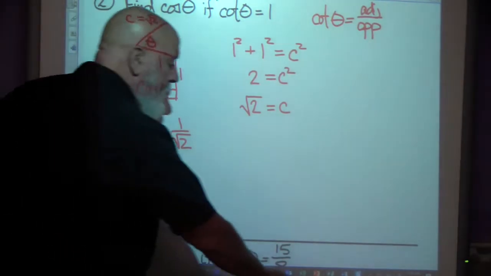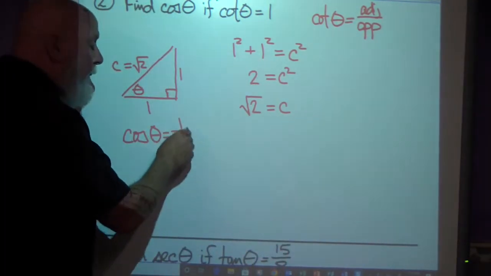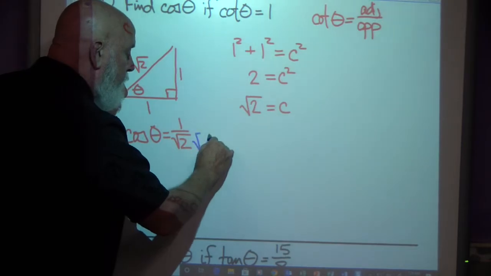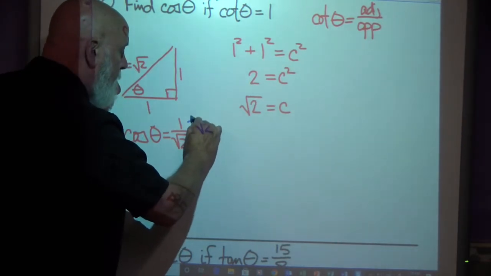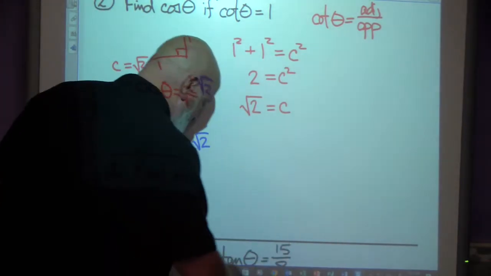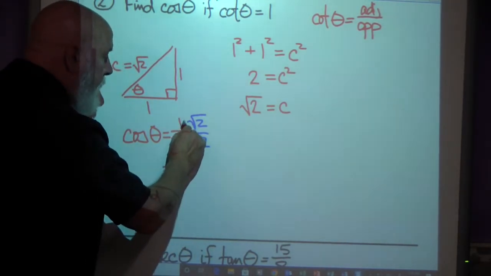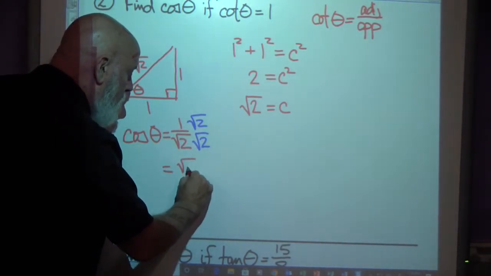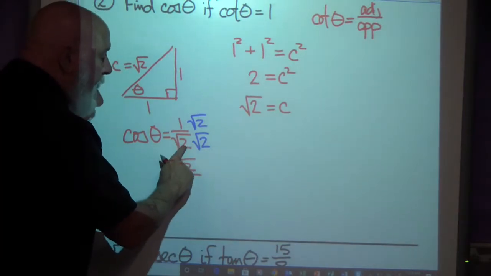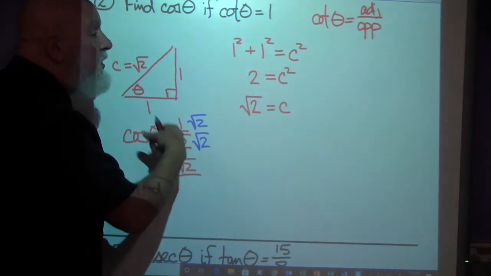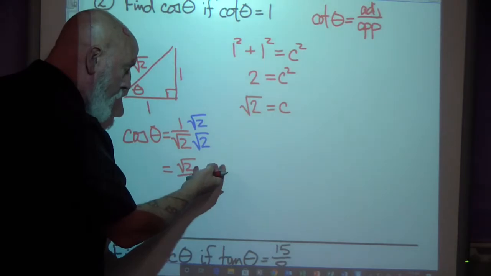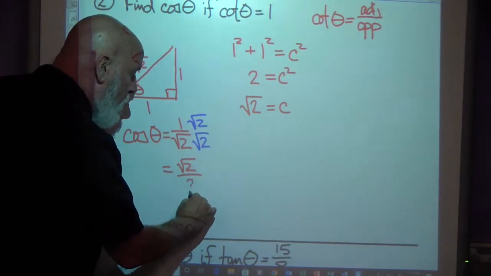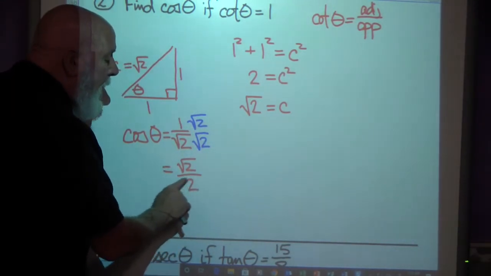I'm going to rationalize my denominator by multiplying the top and bottom of this fraction by radical 2. And that will give me 1 times radical 2 is radical 2. The bottom of the fraction is radical 2 times radical 2, which is radical 4, the square root of 4, which is 2.